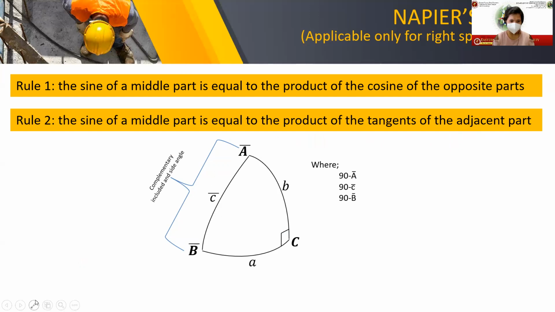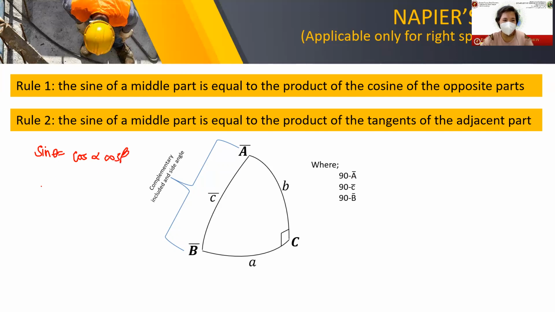Some of you may not have gotten it yet. Okay, so let's start to write this one. For rule 1, the sine of the middle part is equal to the product of the cosines of the opposite parts, cosine alpha, cosine beta.